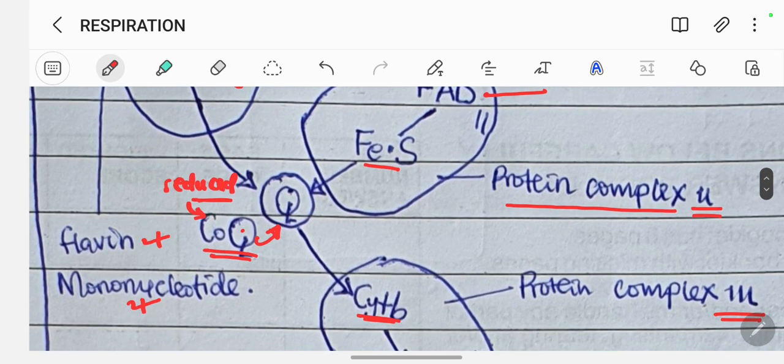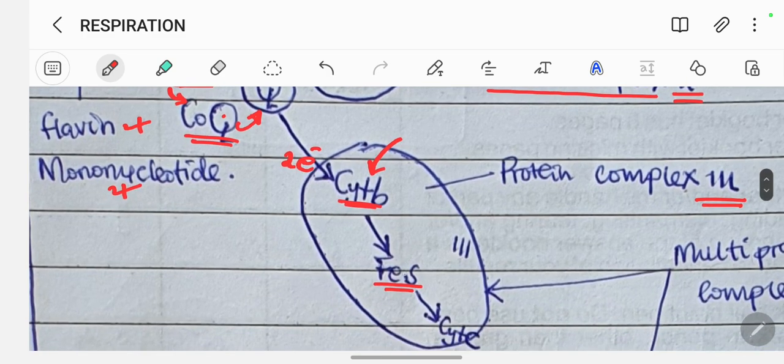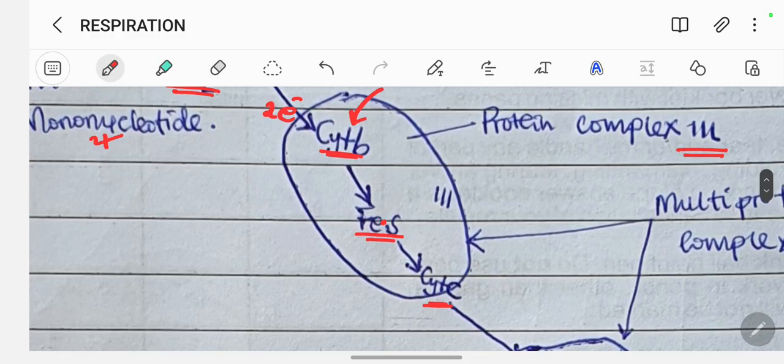Now, coenzyme Q submits these electrons to cytochrome B. Now we've moved to our protein complex 3. Cytochrome B picks up these electrons and submits them to the iron sulfur protein. It's this iron sulfur protein that's going to submit the electrons to cytochrome C. Are you seeing that?